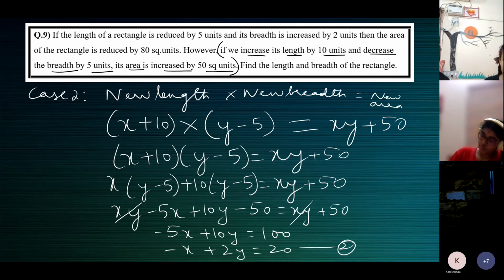Completed, children? Finished writing? Yes, ma'am. Yeah, it's time. So take a screenshot if you have to finish. And please complete it. Solve the equations and find the values of x and y.